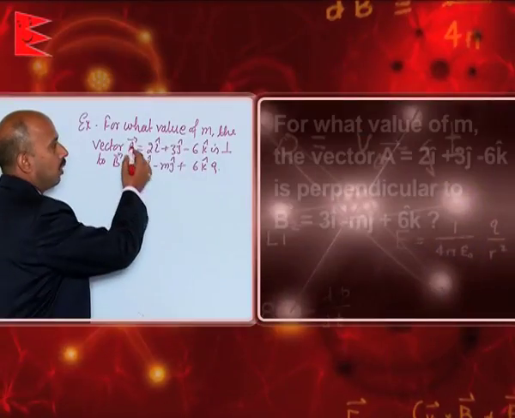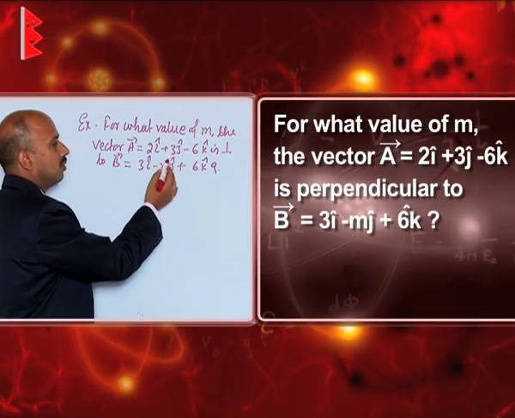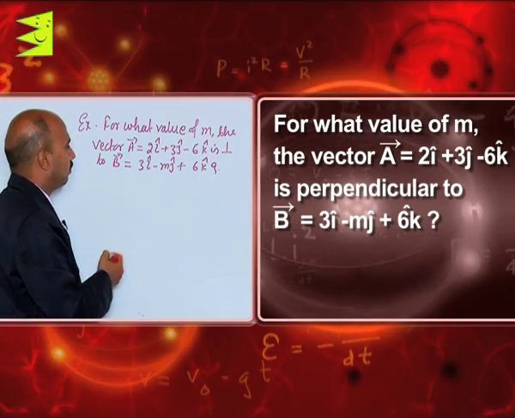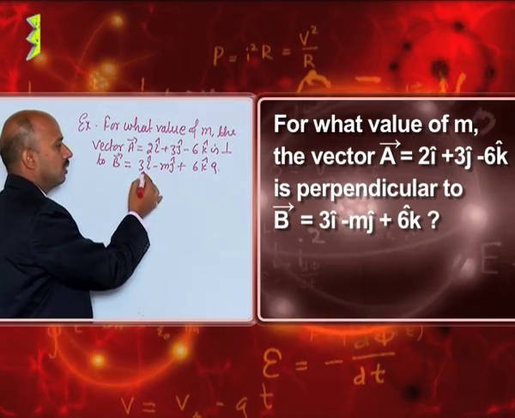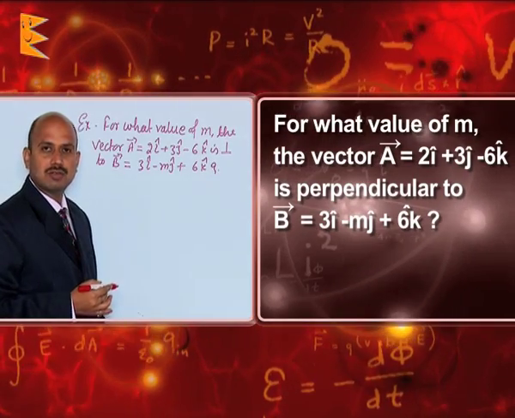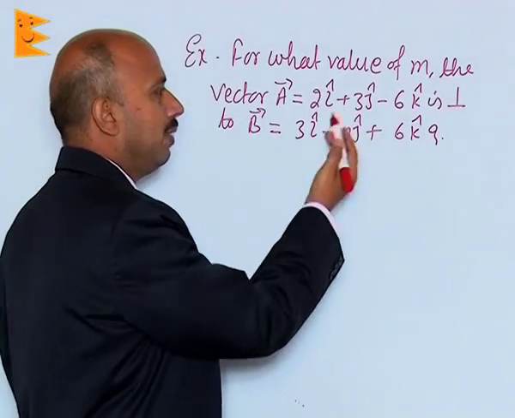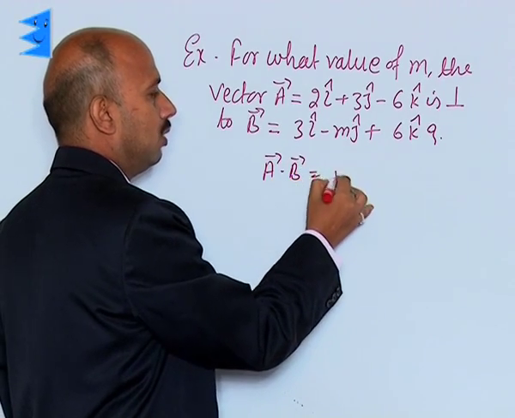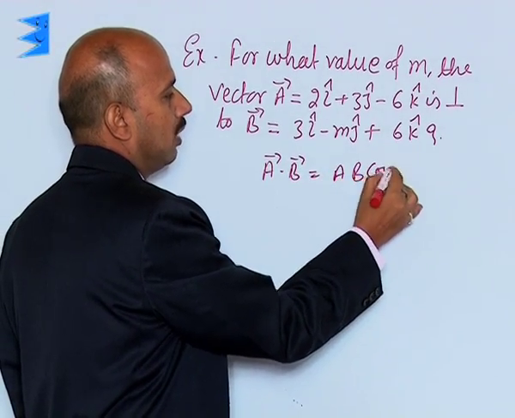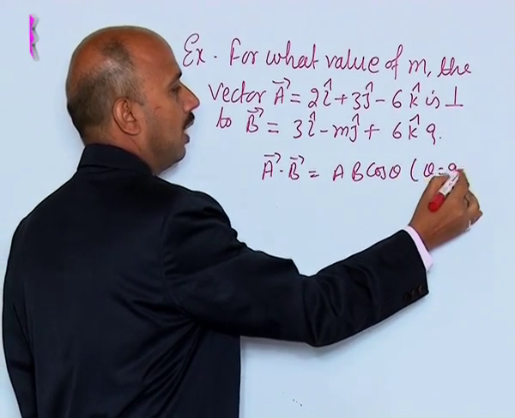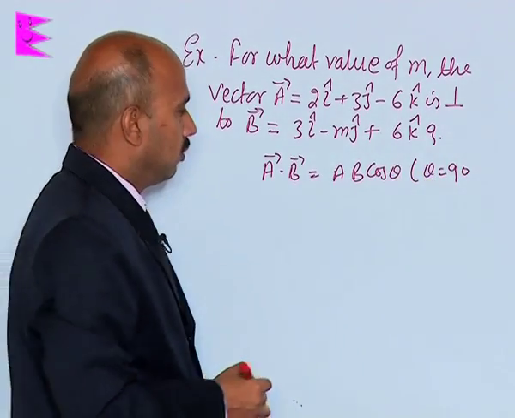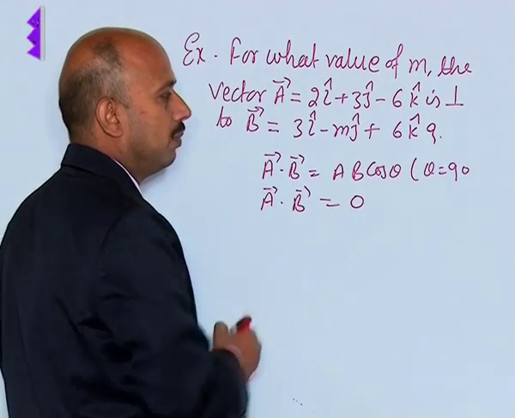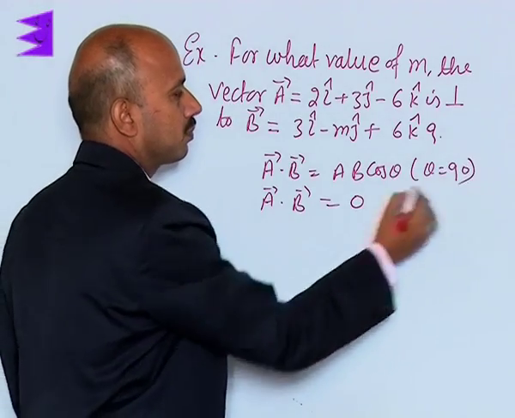So this is the dot product of two vectors A and B. Now, for what value of m is the vector A equal to 2i cap plus 3j cap minus 6k cap perpendicular to vector B equal to 3i cap minus m j cap plus 6k cap? Since these two vectors are perpendicular, A dot B is equal to AB cos theta where theta is 90, so A dot B is equal to 0 because cos 90 is 0.